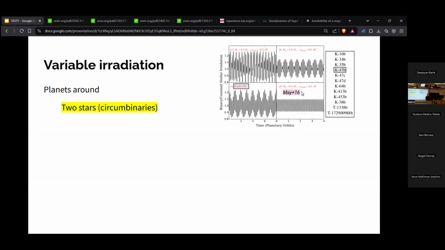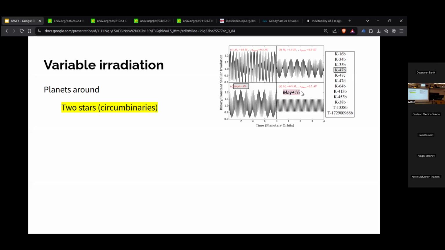So, variable irradiation. As we talked about the three-body problem already, the most generic source of variable irradiation for planets is circumbinary situations where you have two stars at the center instead of one. You can see Kepler-47b, a circumbinary planet, and its irradiation varies with time.